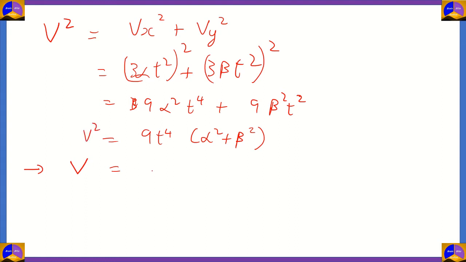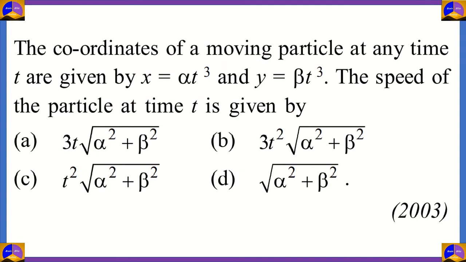So you'll get v on the left hand side, that's the velocity, and on the right hand side 9t raised to 4 becomes 3t squared, because that is a perfect square, and alpha squared plus beta squared can be taken under a square root. If you look at our options, you can see that option B is the correct option to this question asked in 2003.